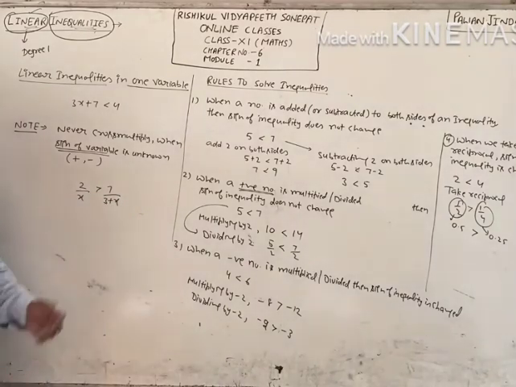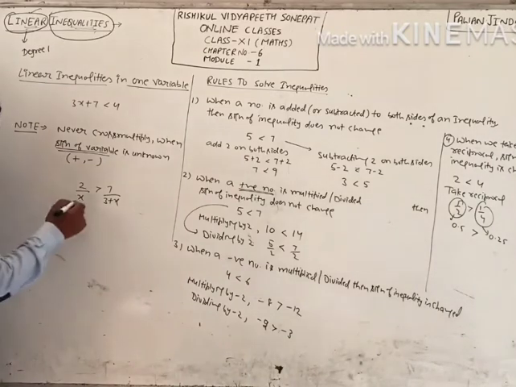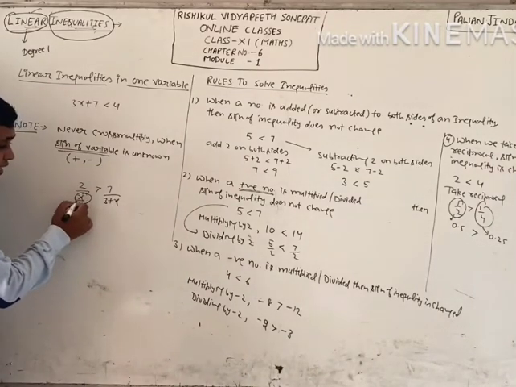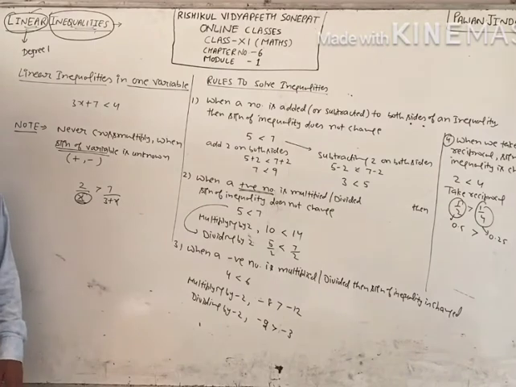In this case, you will not cross multiply, because we cannot say anything about x, what type of sign it is having. You will not cross multiply, right?